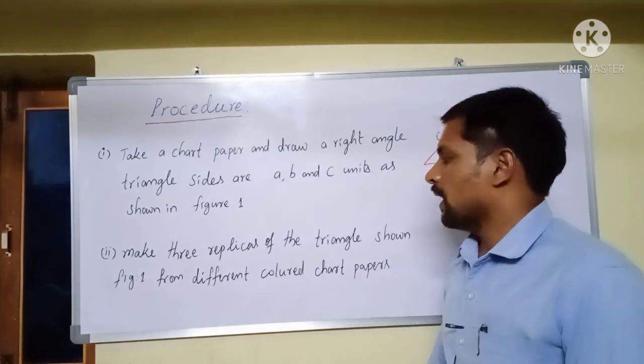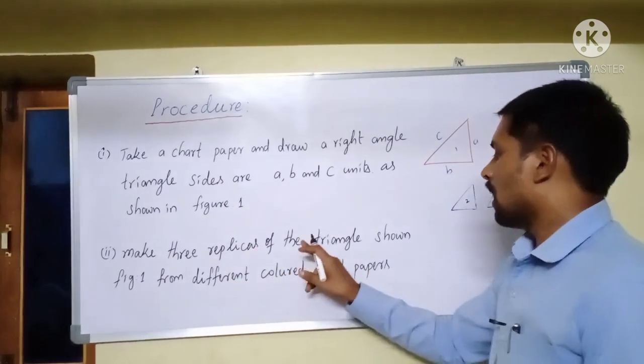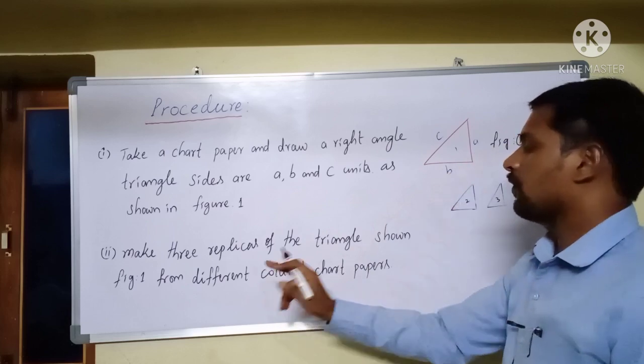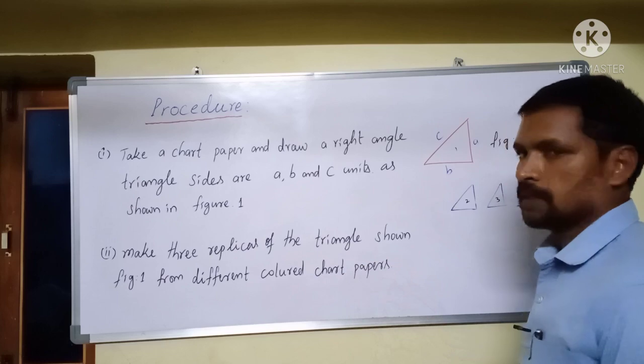So second point: make 3 replicas of the triangle shown in figure 1 from different colored chart papers.